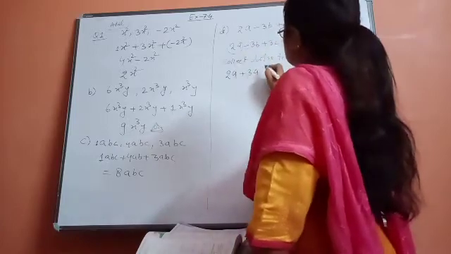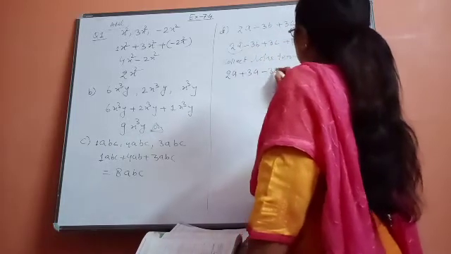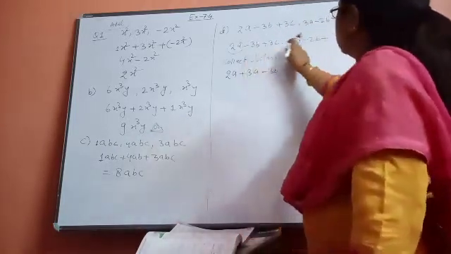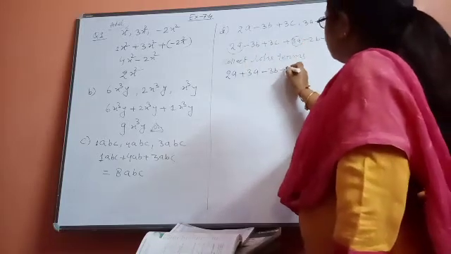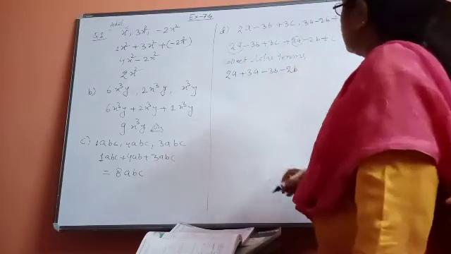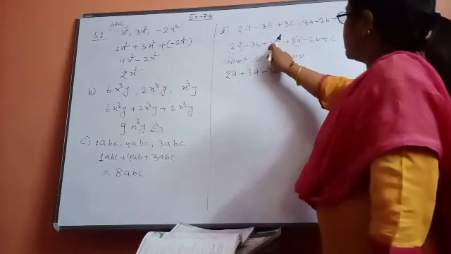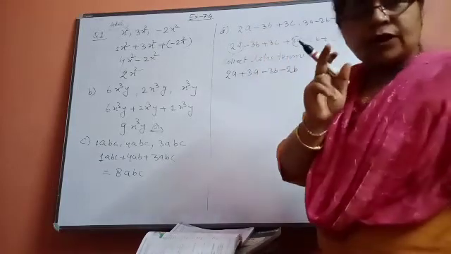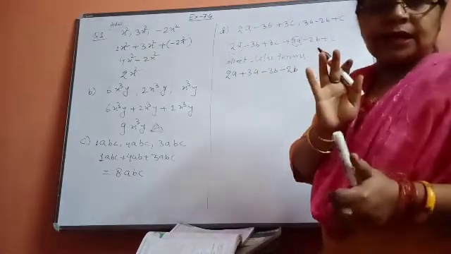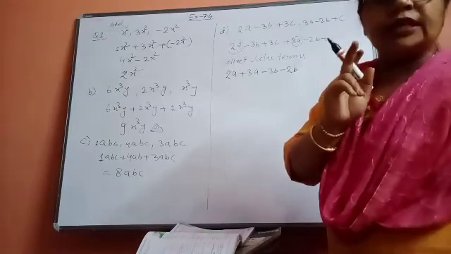Then minus 3b, and the other term along with this one is minus 2b, write them together, beta. Then plus 3c. Always see the sign in front of whatever algebraic term is there, and write it along with its sign.